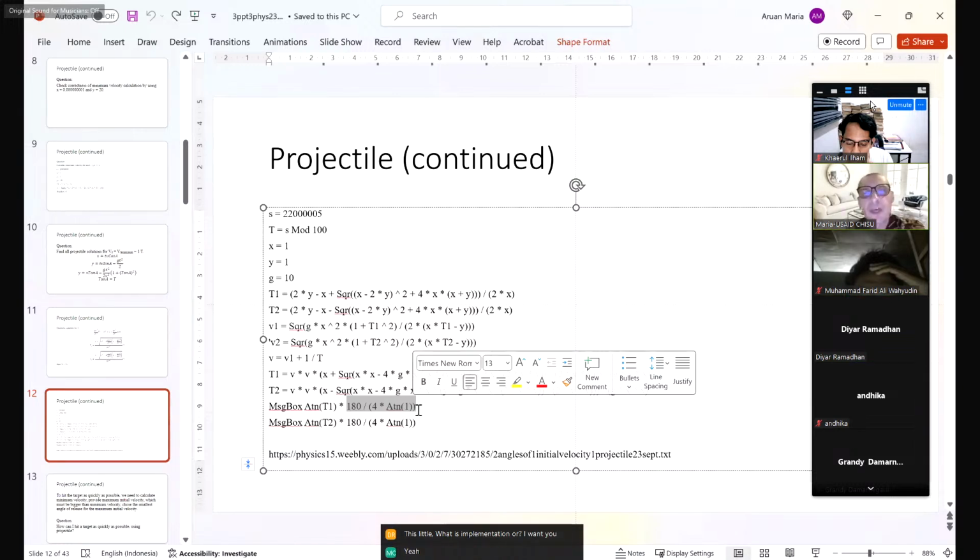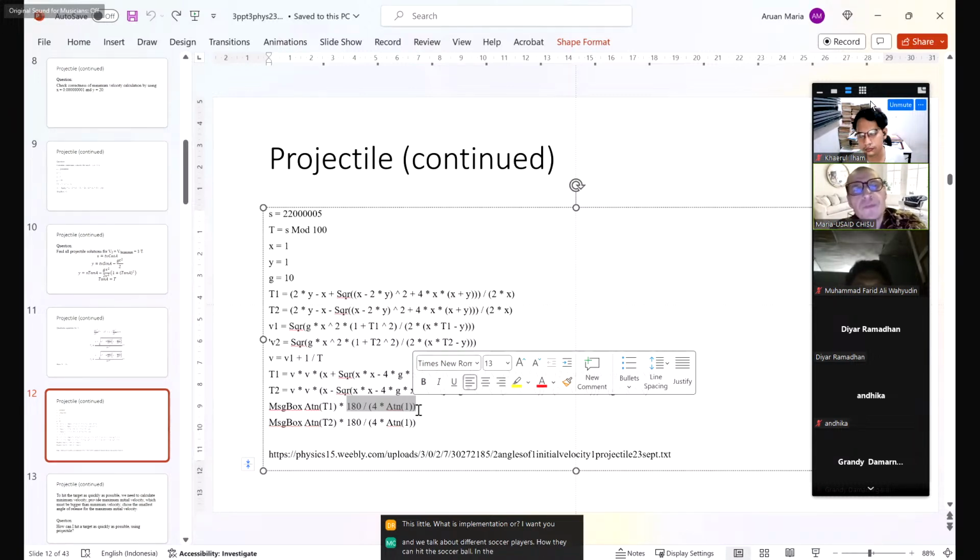Yeah. Today we deal with collisions, and we talk about different soccer players, how they can hit the soccer ball in the best way. We started from this, and we have realized that it is more likely for Messi to be more accurate and precise in his kicks, because Messi has a smaller foot than, for example, Ronaldo, because Messi is a smaller person.